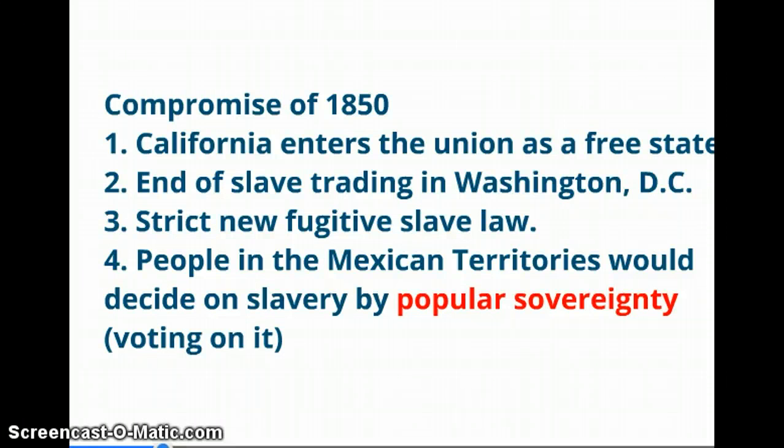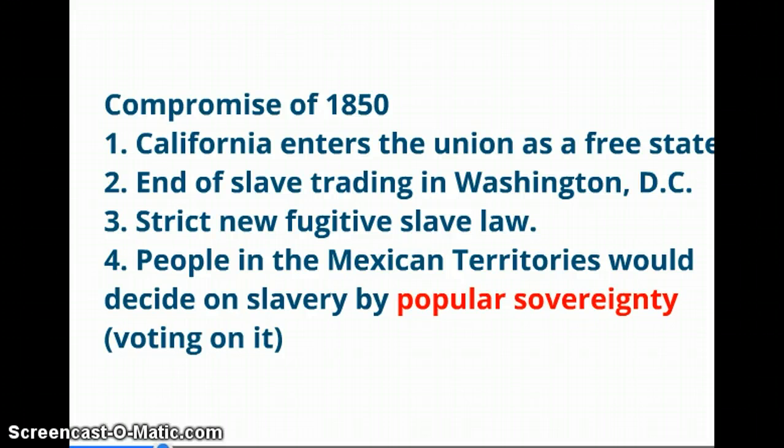Moving forward 30 years into the future, Congress tackles the issue again. This time it bundles a series of different items together to create the Compromise of 1850. Item number one, California enters the Union as a free state. At this point, gold had been discovered in California a couple of years prior to this. People flocked out to California.